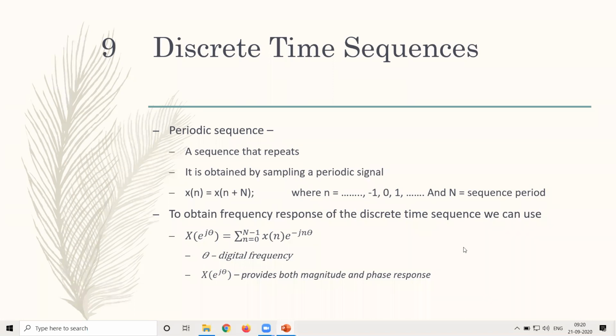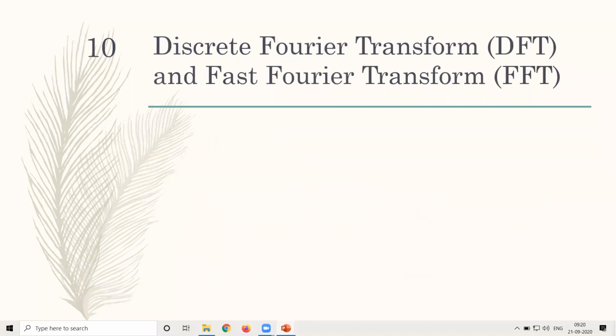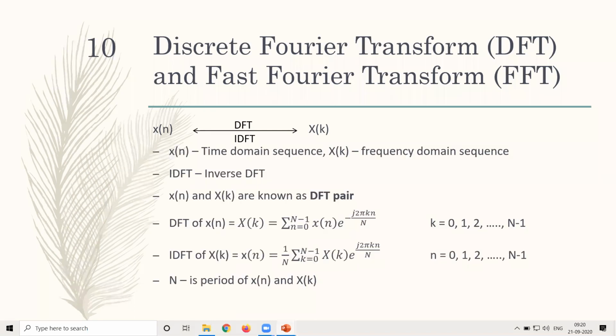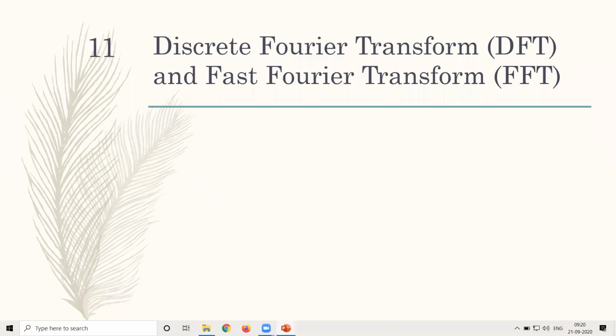And what is the frequency response? This equation comes in regularly. So when we speak of this equation, you can just remember that we are speaking of the frequency response. I think we discussed even these things, that is DFT and FFT. What is meant by DFT pair, and what is N, that is the periodic sequence.